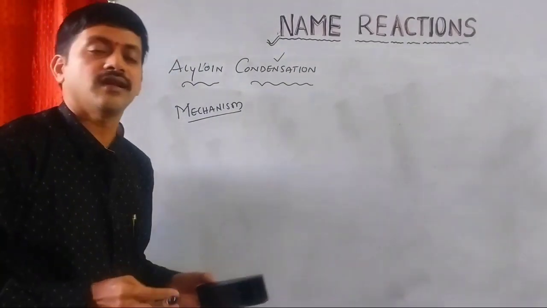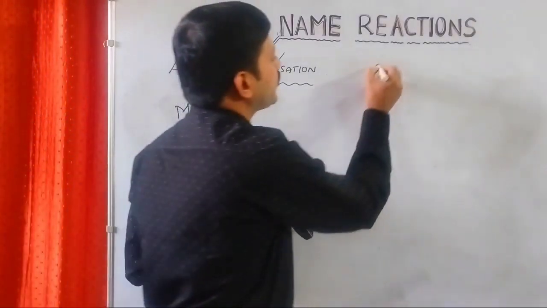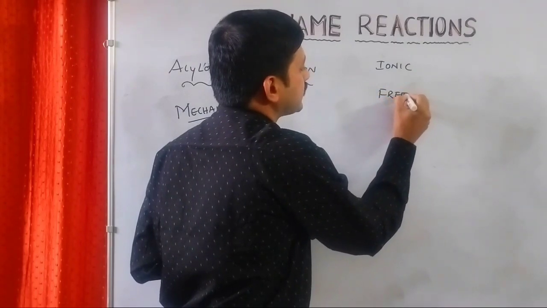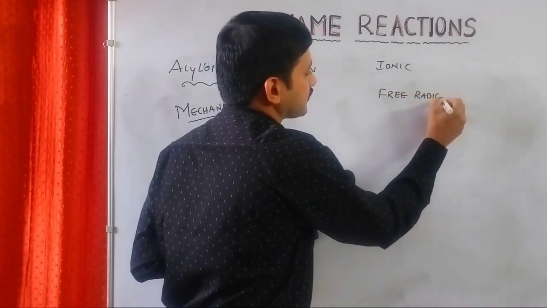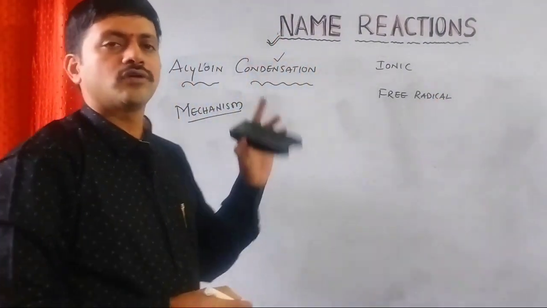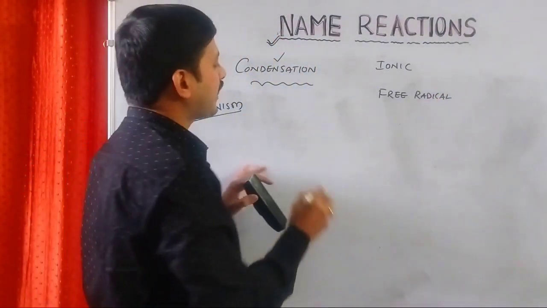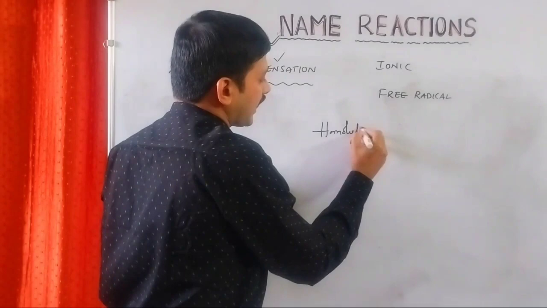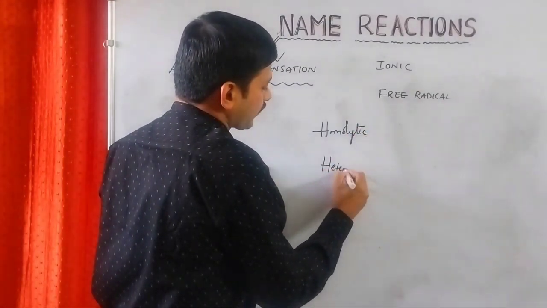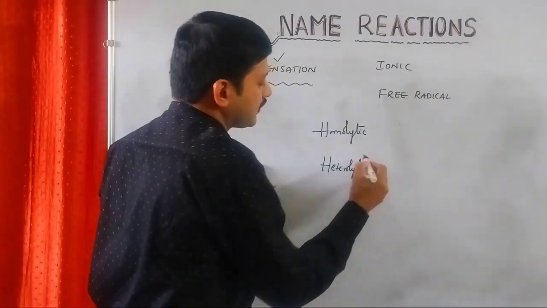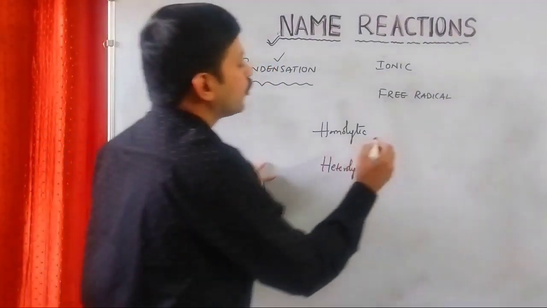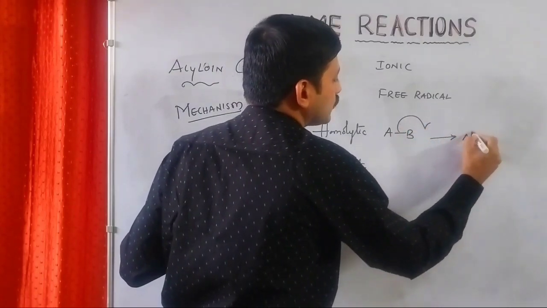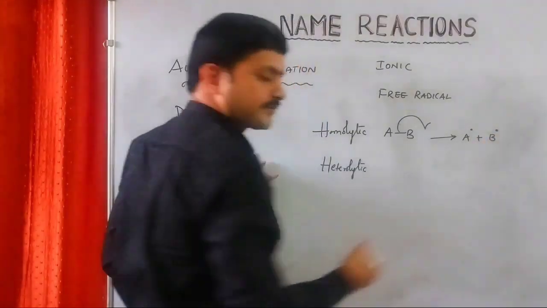We know that generally mechanism is of 2 types. The first one is ionic mechanism, the second one is free radical mechanism. In order to identify the mechanism, we have cleavages: homolytic cleavage and heterolytic cleavage. In case of homolytic cleavage, if you cleave a bond, it can produce radicals.